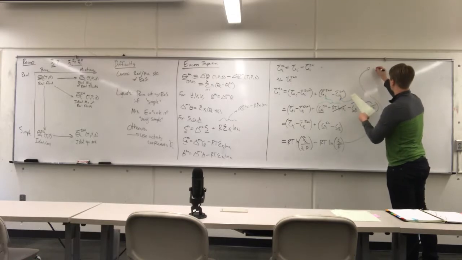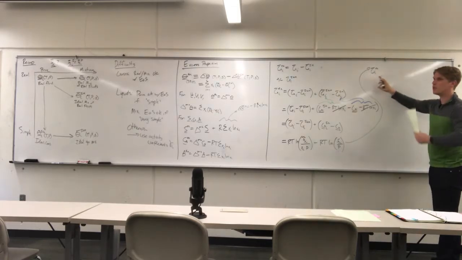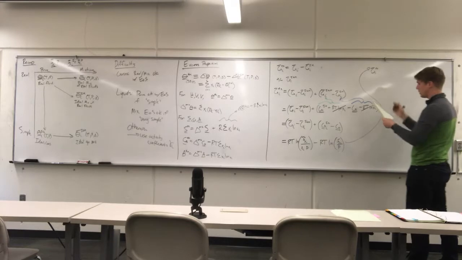And then we can rewrite that our partial excess Gibbs, again, our nomenclature, we're getting really deep in the weeds here a little bit.